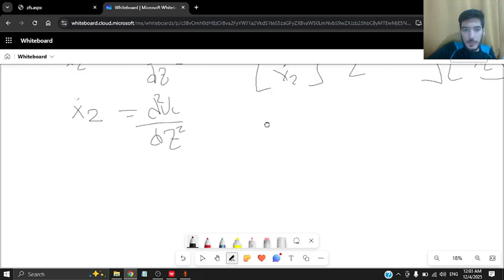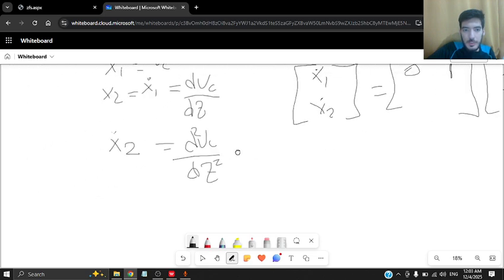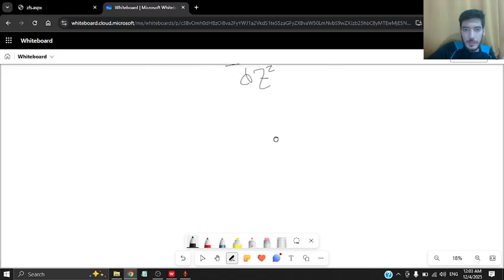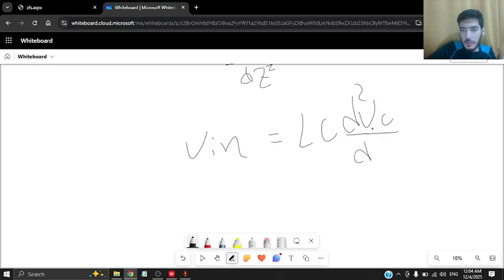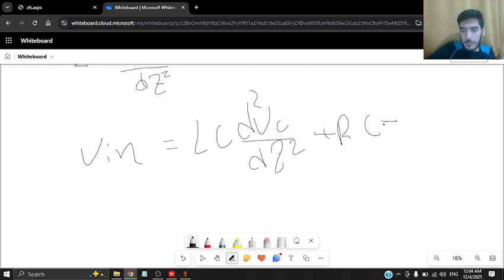For x2 differentiated, if I bring back the differential equation, which is Vn equal to Lc second order differentiation of Vc with respect to time plus Rc dVc over dt plus Vc.